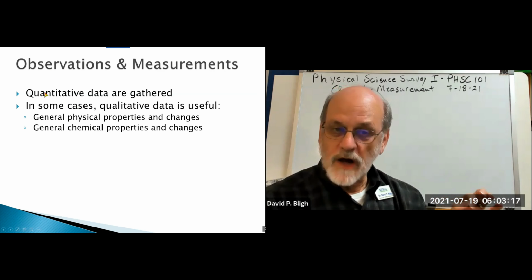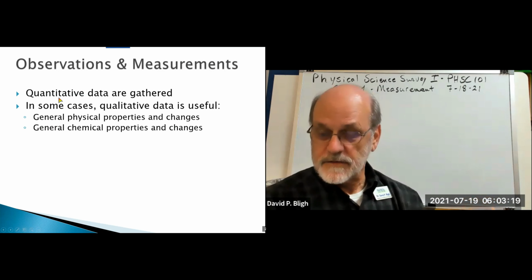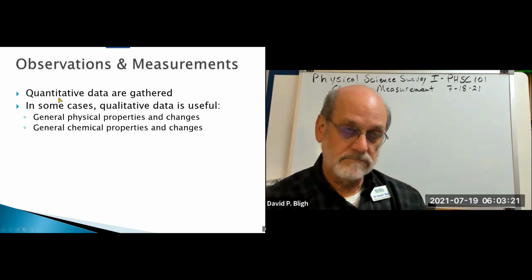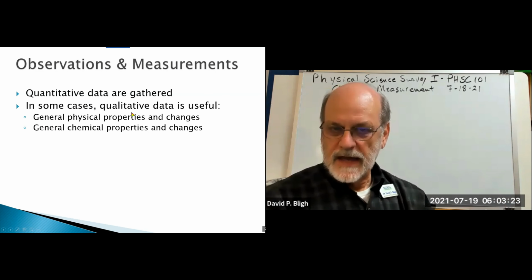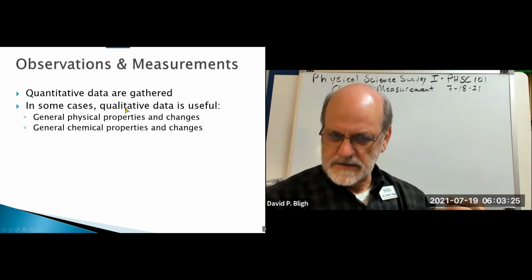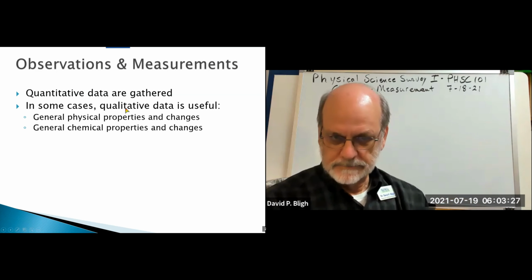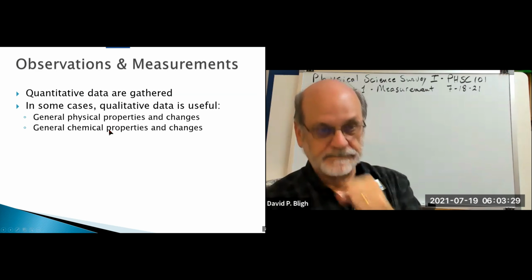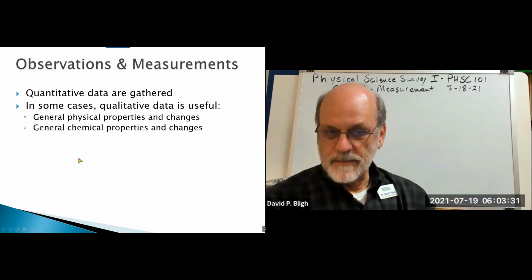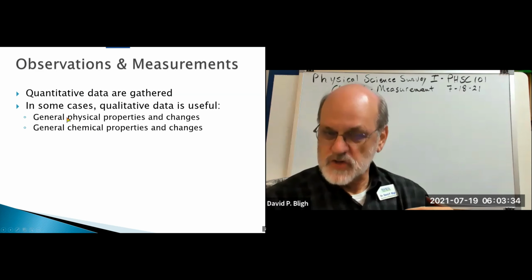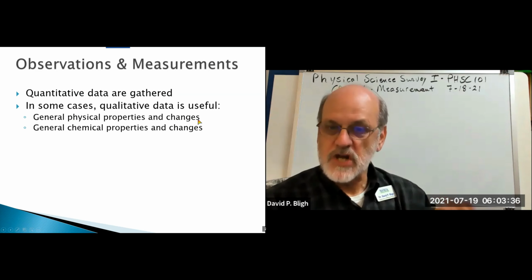The difference between quantitative and qualitative is quantitative usually has a number, actually always has a number, and qualitative data is more a descriptive term, which will describe perhaps some general physical property or some change that has occurred. It's an observation, a valid measurement, but it's not a quantitative measurement.